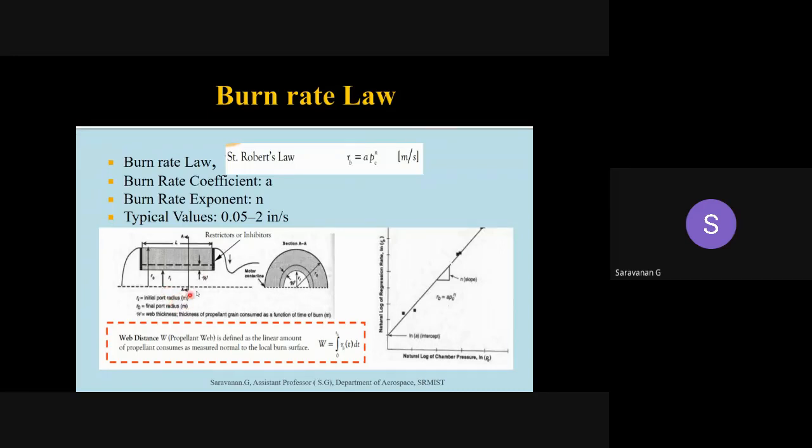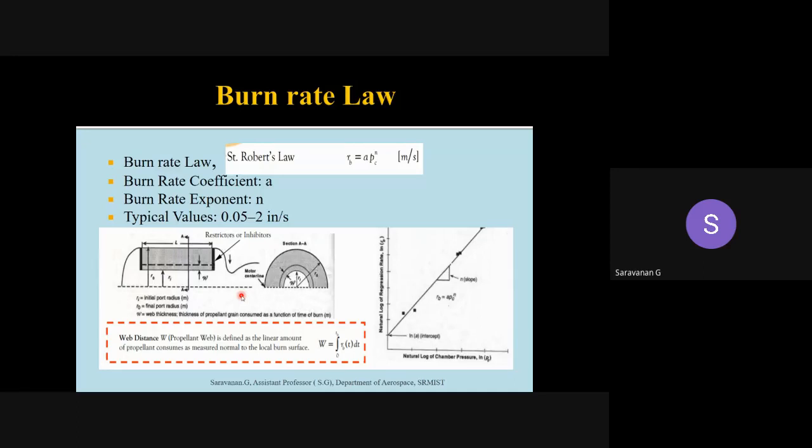For a given time duration, the dimension change from initial to final will give the idea about the burn rate: how much change occurs from the initial burning surface to the final burning surface. The change in the burning surface with respect to time is nothing but the burn rate.